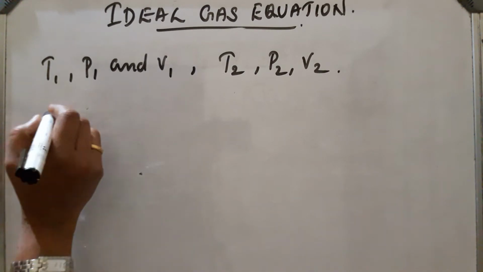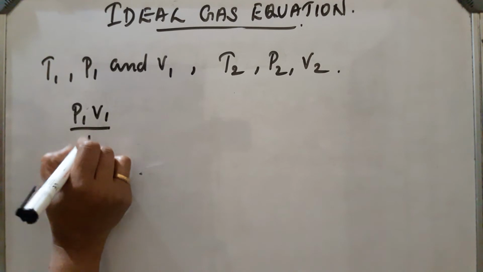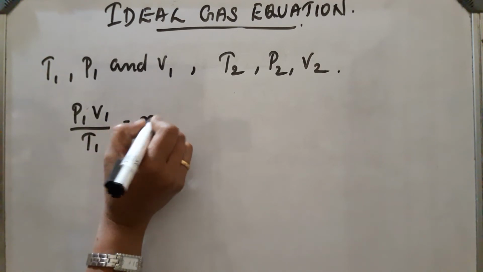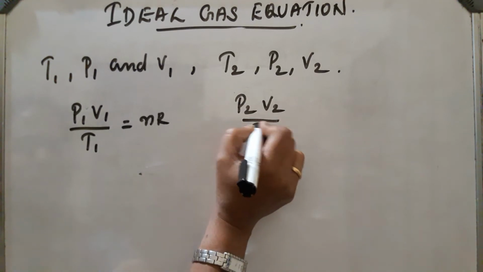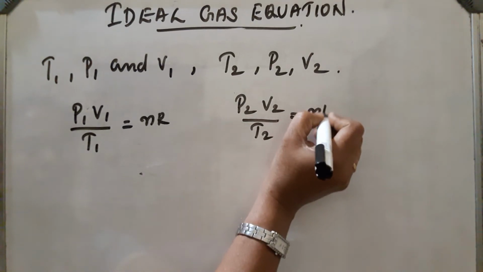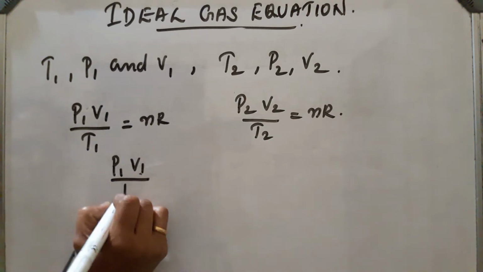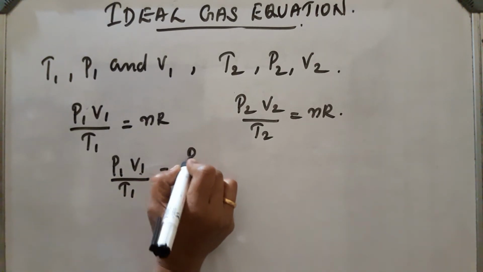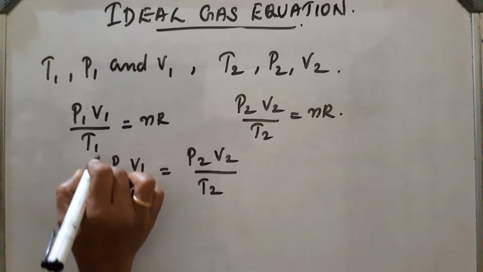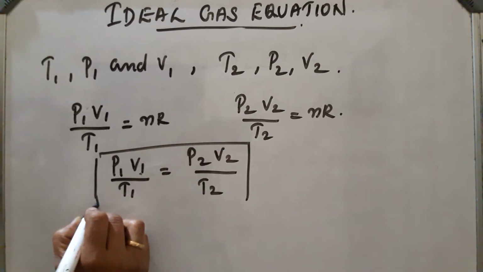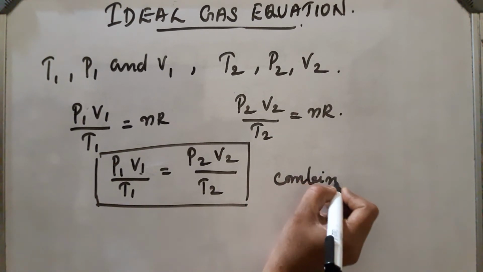Now we know, according to the ideal gas equation, P1 V1 by T1 is equal to nR. Similarly, P2 V2 by T2 is equal to nR. So from this we can write P1 V1 by T1 equals P2 V2 by T2. This equation is known as the combined gas law.